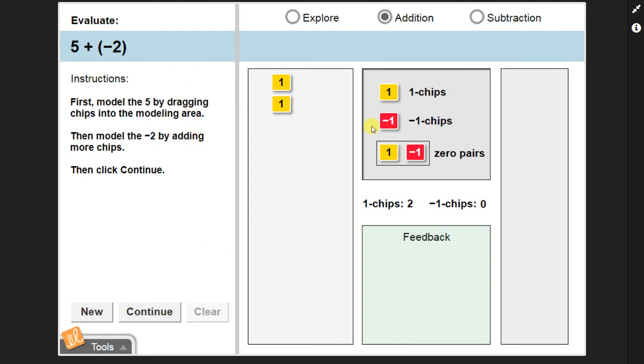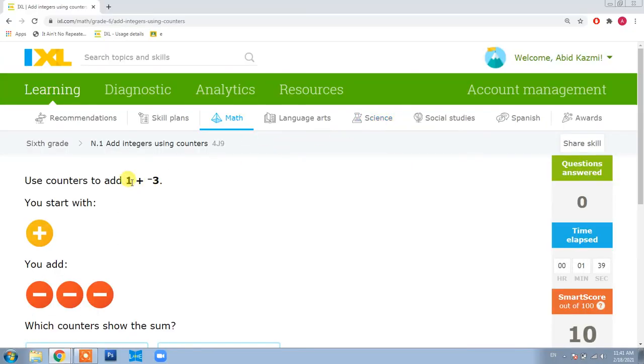Okay, now let's do this again and solve one problem from IXL. Here we have +1 and -3. First, pause this video and try to model this in your copy, and then play the video so that you can check the answer.